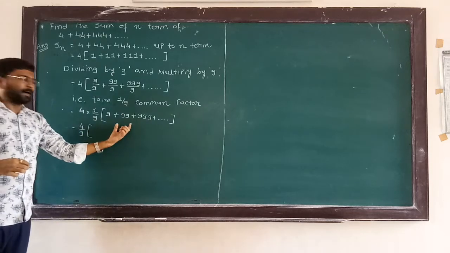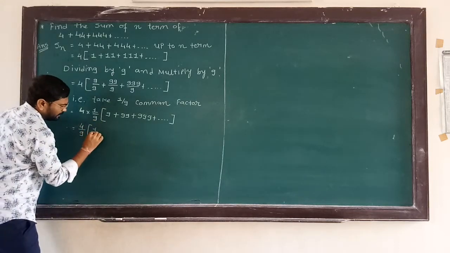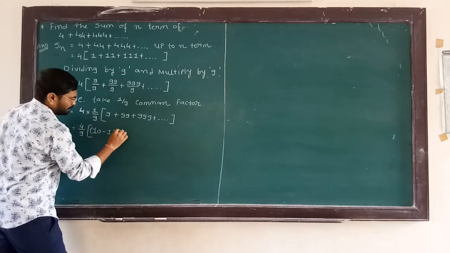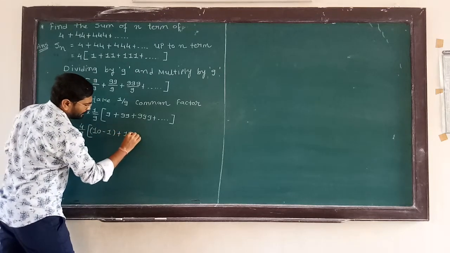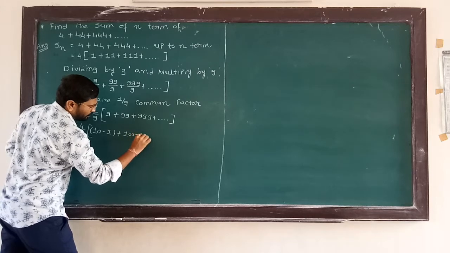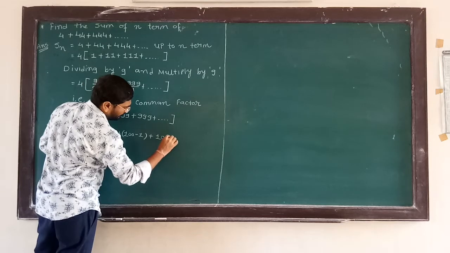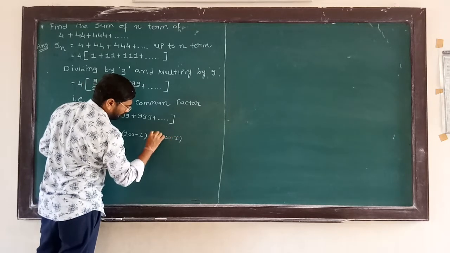Now we do one trick here. 10 minus 1 plus 100 minus 1 plus 1000 minus 1.